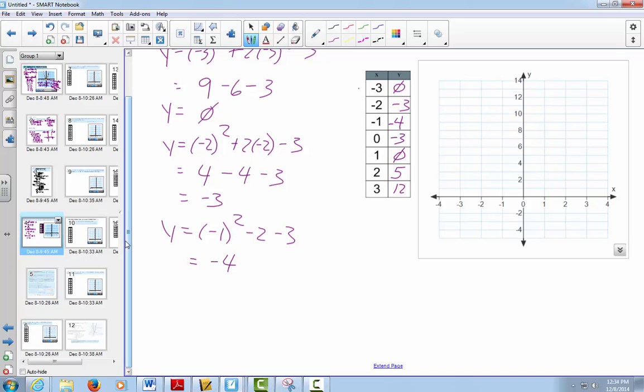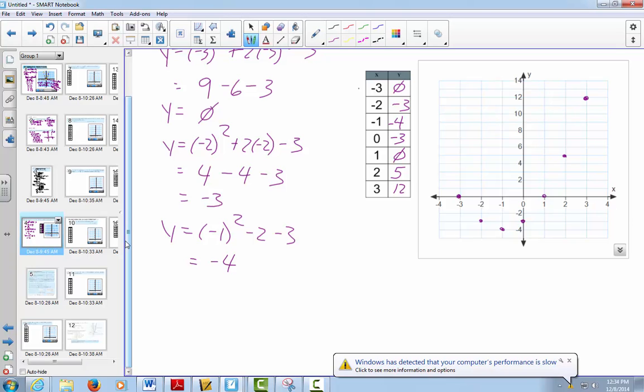So we just take the points as they are: -3 and 0, -2 and -3, -1 and -4, 0 and -3, 1 and 0, 2 and 5, 3 and 12.